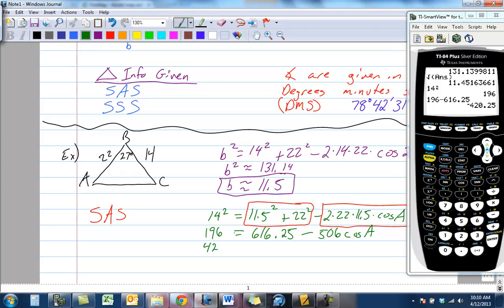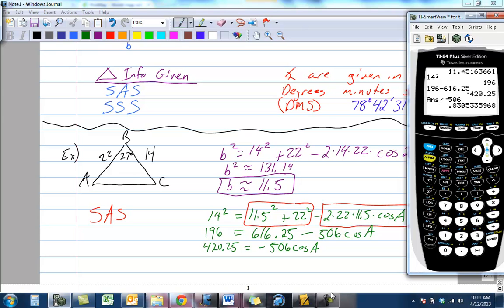So negative 420.25-ish is negative 506 cosine of A. So next thing you're going to do is divide by negative 506. Ew, that's gross. Right? So right now we're at 0.8305 is the cosine of A.